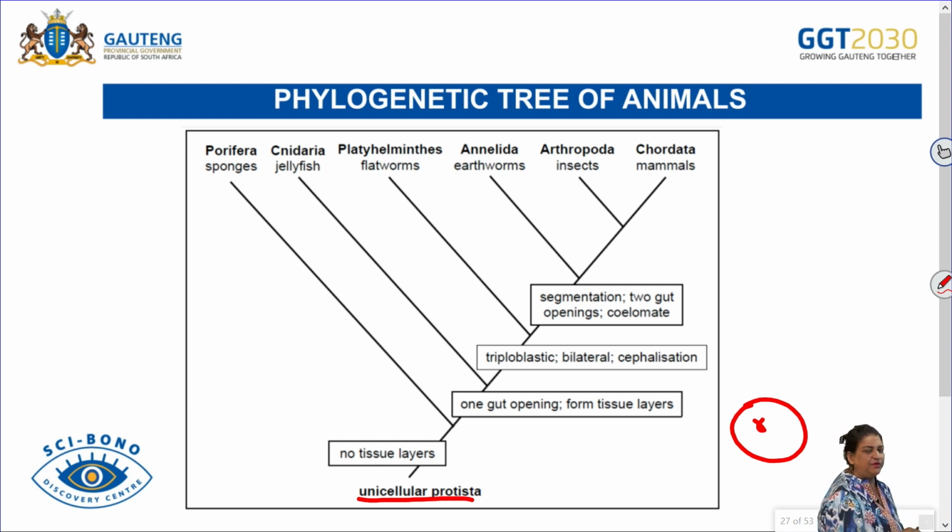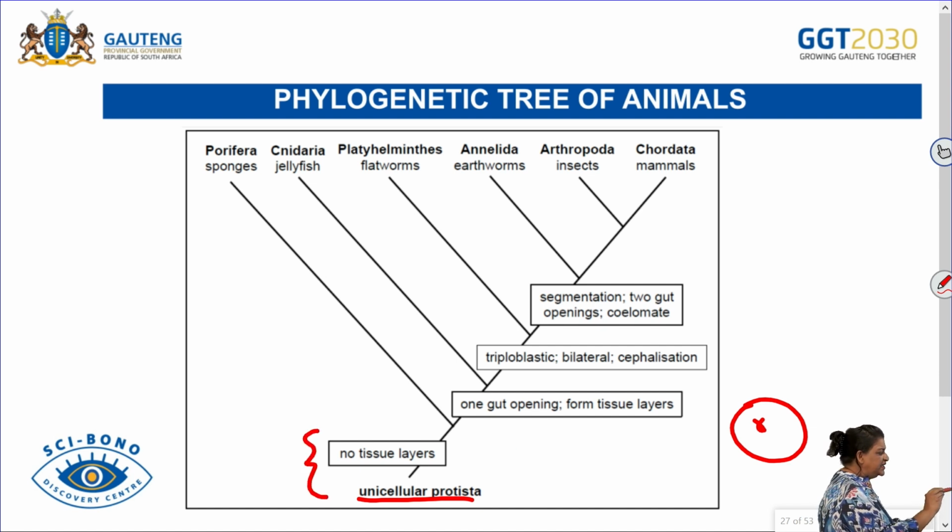That is an example of what we call a Protista, which you see in the water. It's called an amoeba. So amoebas belong to the phylum called Protista. It's made up of one cell only. So your amoeba has no tissue layers. It's just a cell. Remember, many cells form a tissue, but only one cell cannot form a tissue. So it's no tissue layers.